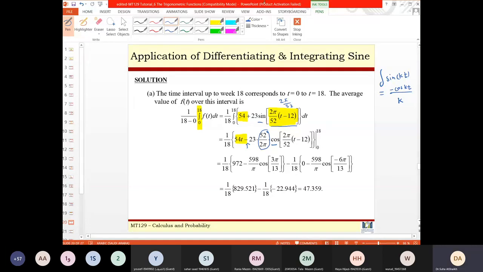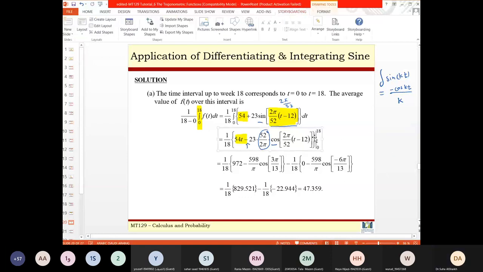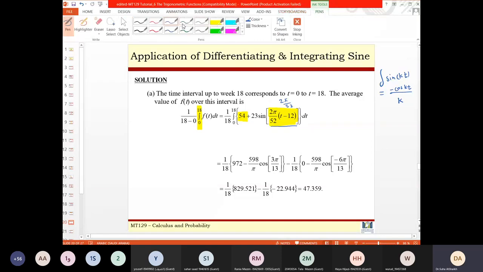Let me do it. I'm going to delete this. So if I want to find this, it is 1 over 18. The integration of 54 is 54 times t. The integration of a sine with a function inside it is minus cosine.